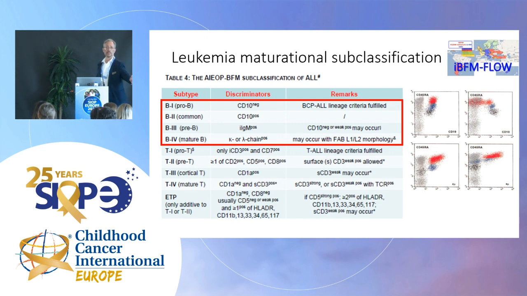Pro-B is the younger, the earlier, and B4 will be the more mature. If you look at regular maturational stages, you see in the B cell maturation process that CD10 is at the highest level in the earliest ones, not the other way around, not like in Pro-B.